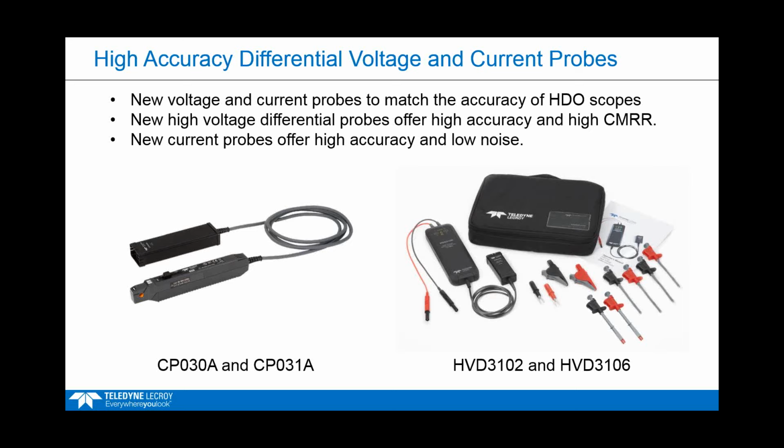So these are some of the probes we've come out with to match that capability of the HDO scopes. This is the HVD 3102 and 3106. They're different bandwidth, high voltage differential probes.